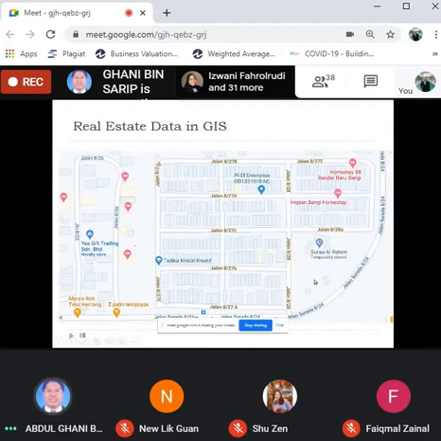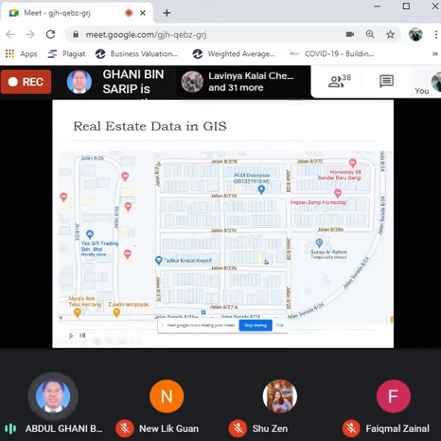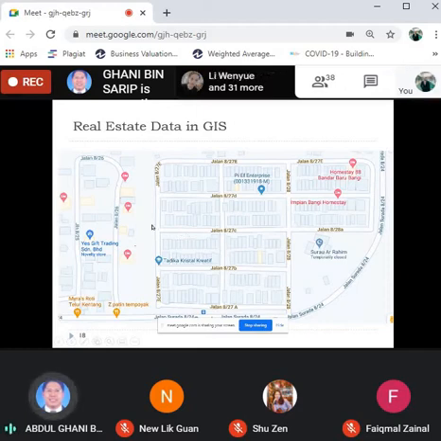Okay, let me show you an example of a map, data in GIS. This is a map of a neighborhood area. This is in Bangi, and from this brief map we can see different sets of road networks, Jalan Suraya maybe, or Jalan 8, Jalan 7C, and so on.